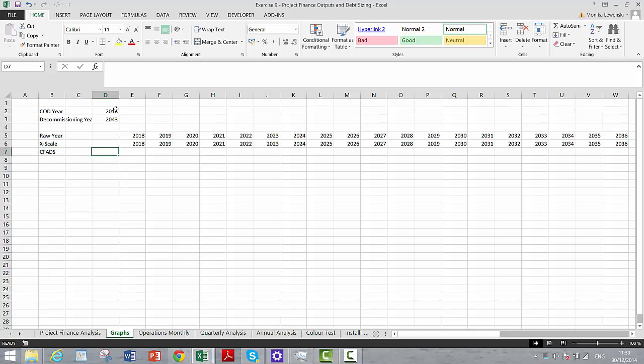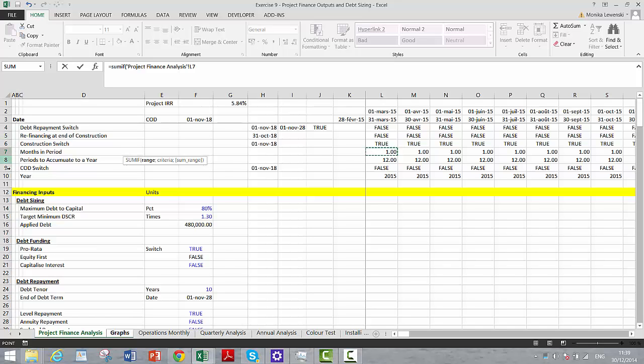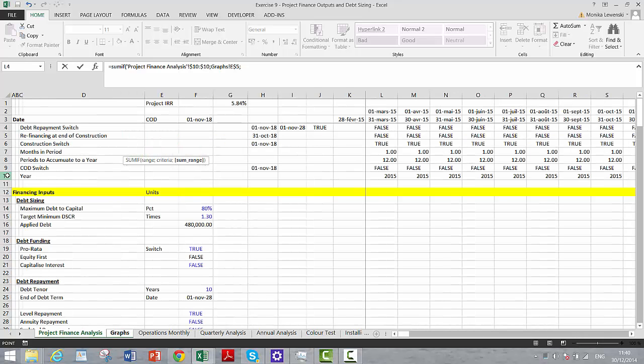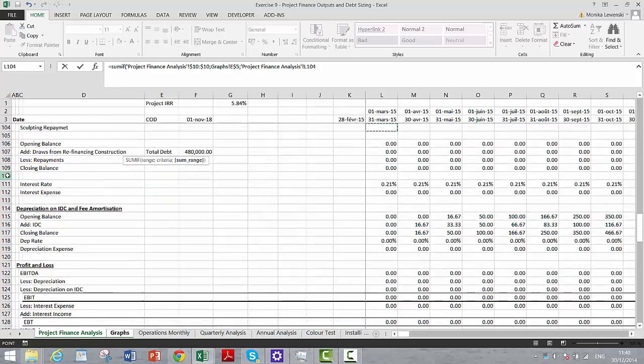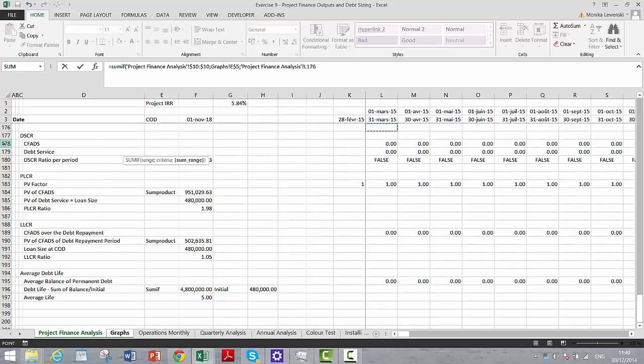And now CFADS, and we'll just do a sum if. Okay, do you remember the sum if? Click on this one, go all the way up to the year, press the F4, go back to our graph page, press the F4 twice, and then go to this page and find the CFADS.